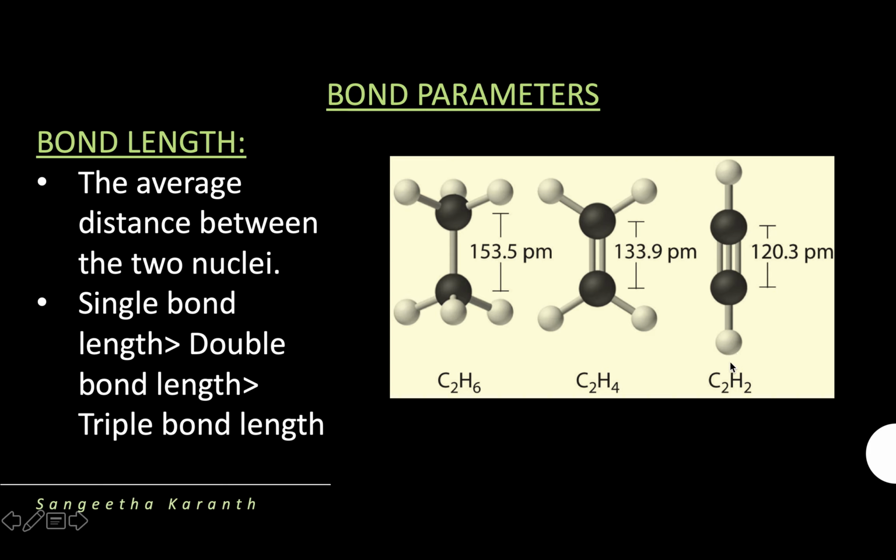Again we have one more example, C2H2, which has a triple bond between the two carbon atoms, and the bond length is 120.3 picometer, which is again less than the C to C double bond. So here the bond length decreases with the increase in the number of bonds between the carbon atoms.